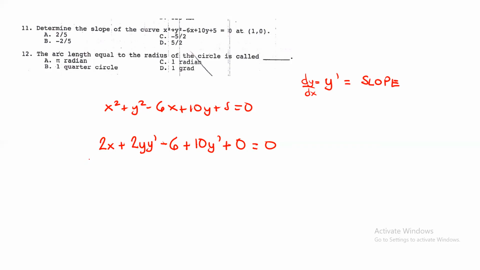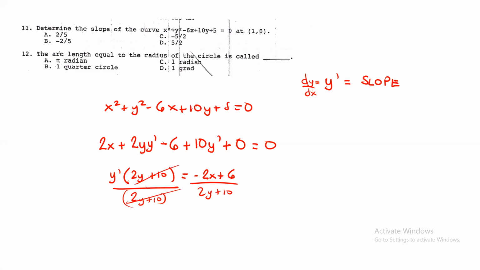Factor out natin yung y prime dito. Y prime times 2y plus 10. Then, lipat natin dito sa kabila yung negative 2x, plus 6. Then, divide natin both sides by 2y plus 10. Ma-cancel, matitira ditong y prime is ito.